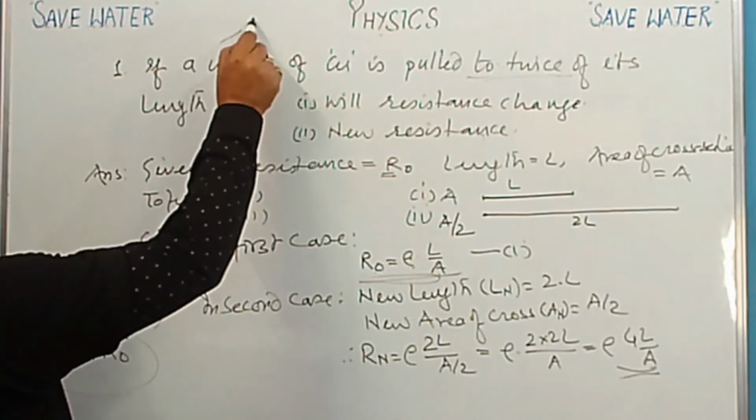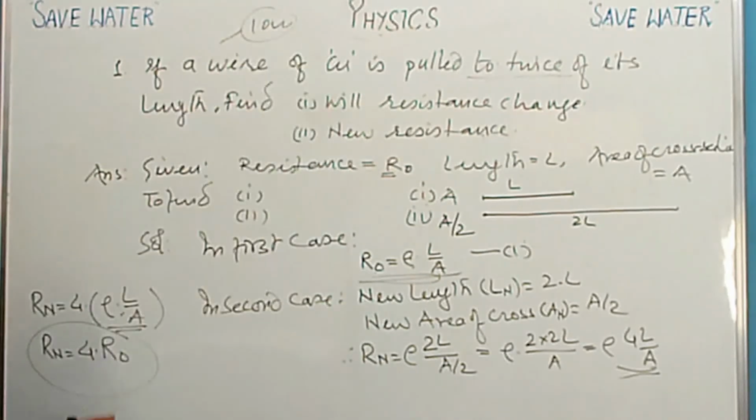Suppose our original resistance was 10 ohm, then the new resistance will be 4 into 10, that is 40 ohm.